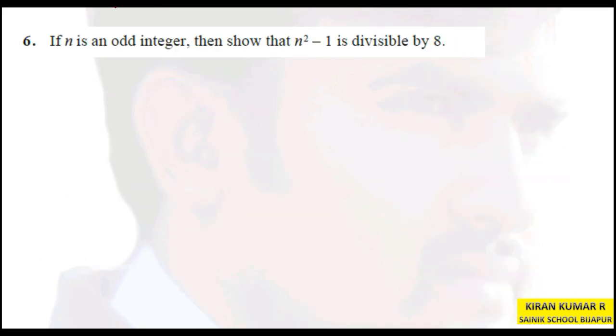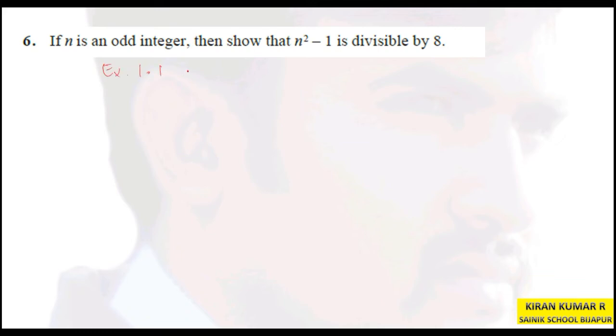One more important question, question number 6. If n is an odd integer, then show that n square minus 1 is divisible by 8. This question we had solved in exercise 1.1.